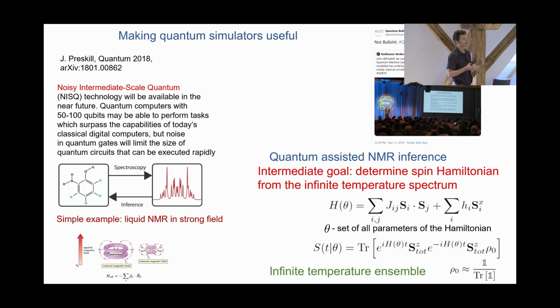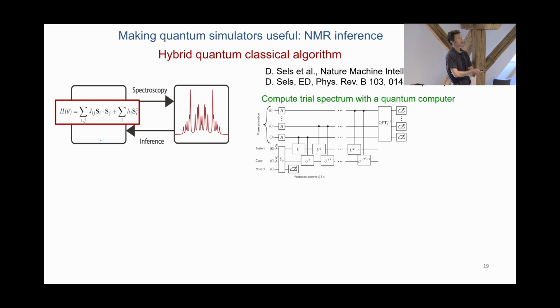The reason is that measurements are usually done at room temperature, which is orders of magnitude larger than a typical scale of, let's say, interaction of the spins or the so-called chemical shifts, like Zeeman splitting. So anyway, since I don't have much time, I'll just give you the gist of the idea. So why is it hard to do this using conventional approaches?